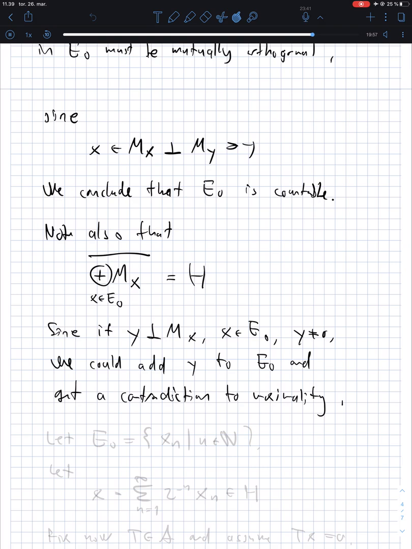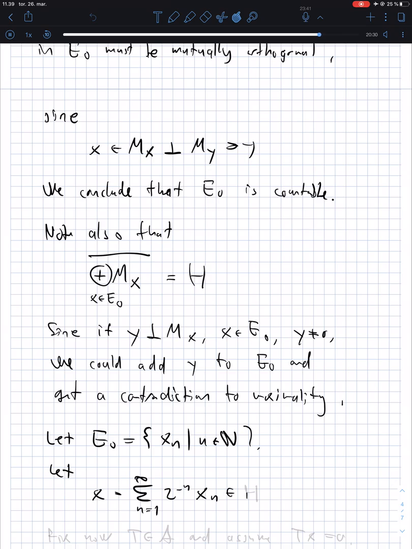And the idea is that I want to get from this that I can create a separating vector. So let E naught be written as x_n with n in N, right? So it's countable, so I can do that. And then I will let x be the sum from n equals 1 to infinity of 2 to the minus n, x_n. Right?